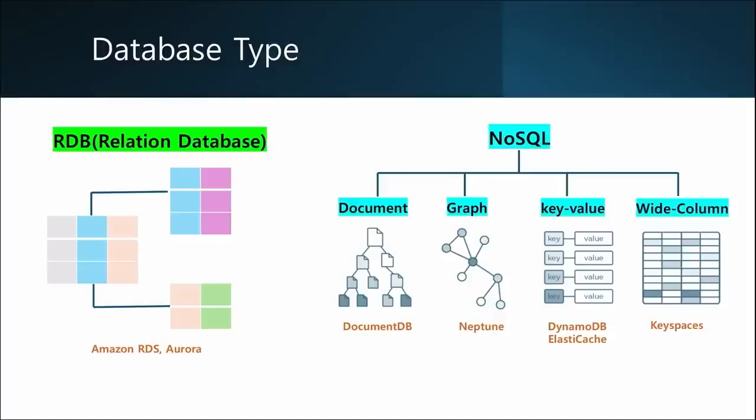It is commonly used in social networks. AWS supports graph databases with a database called Neptune. There is also a database in key value format. It is a database for high-speed processing. AWS services that support key value databases include DynamoDB or ElastiCache. Next is a database in wide column format. Wide column can have different columns for each row. You can use it a little more flexibly. The AWS service that supports this database is Keyspaces.